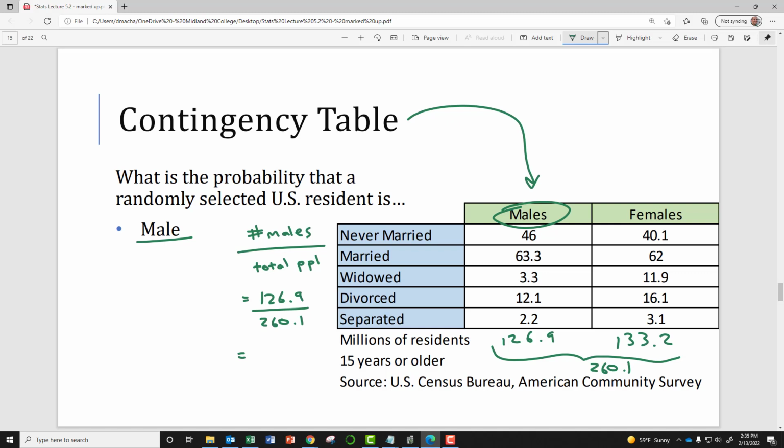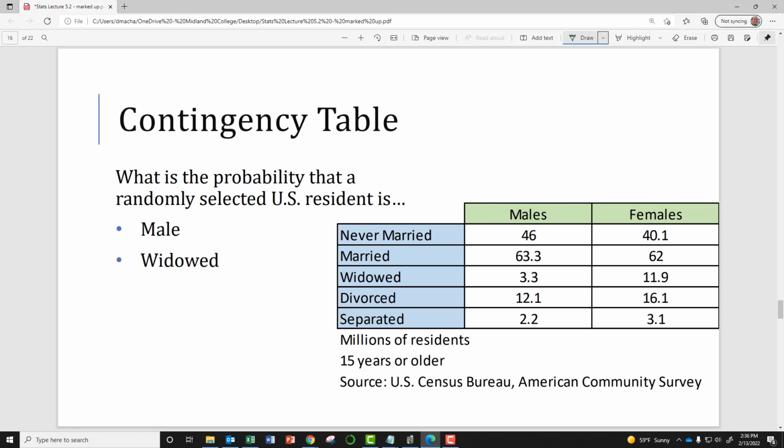And let's try that, 126.9 divided by 260.1. My calculator tells me 0.488, or we can write that as 48.8%. And that is our probability that we got by looking at our contingency table.